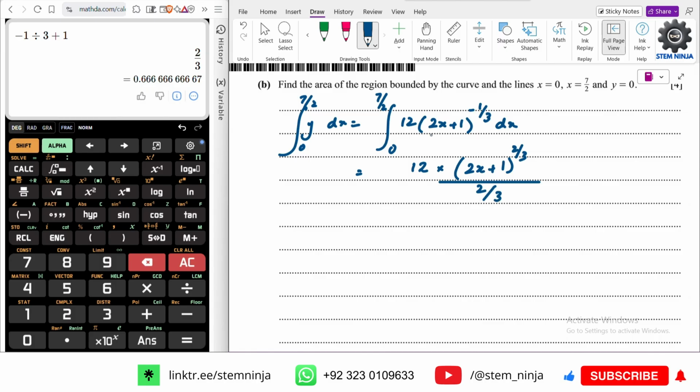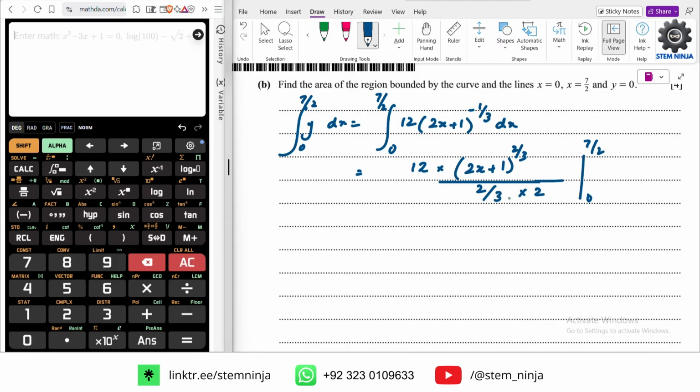And we need to divide by the derivative of 2x plus 1, which is just 2. So, from 0 to 7 over 2. Let's hope we did not miss anything out. So 12 divided by 4 is 3.